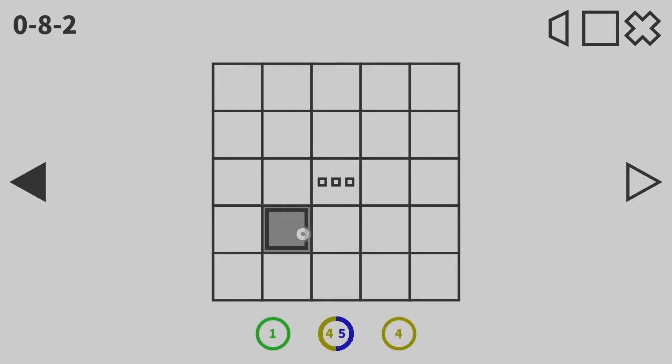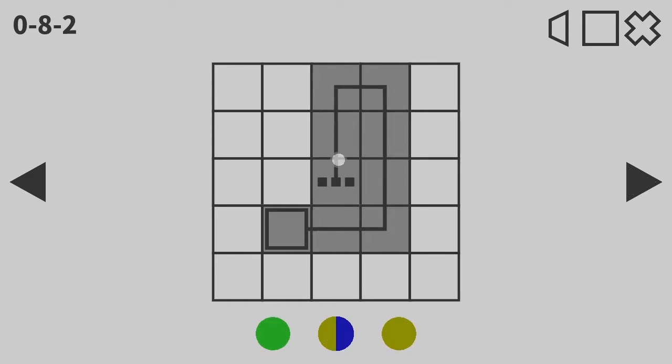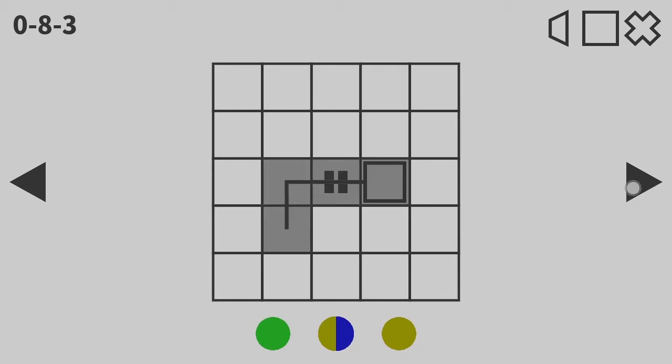Let's do with the shape of the region. And the number 3.